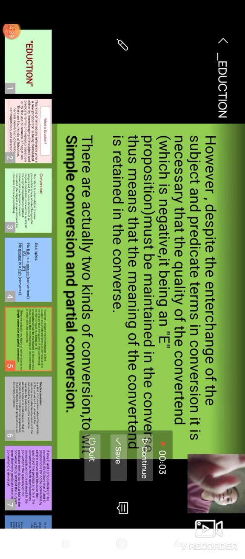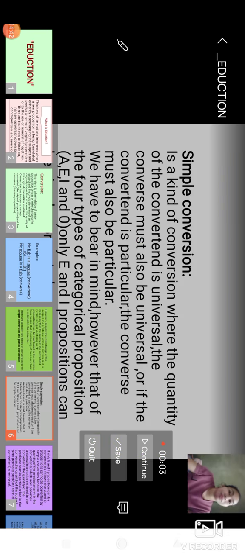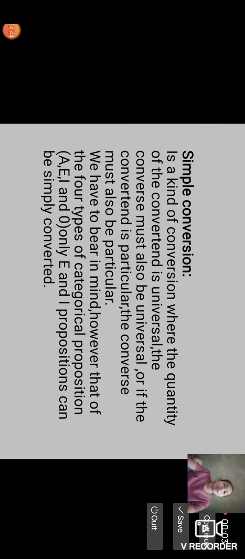So let's proceed to simple conversion. Simple conversion is a kind of conversion where, if the quantity of the convertend is universal, the converse must also be universal, or if the convertend is particular, the converse must also be particular.